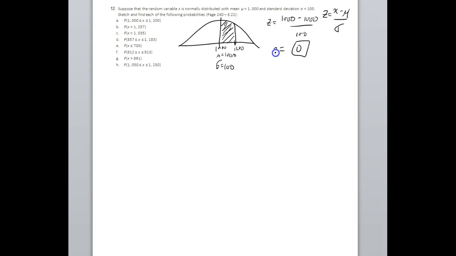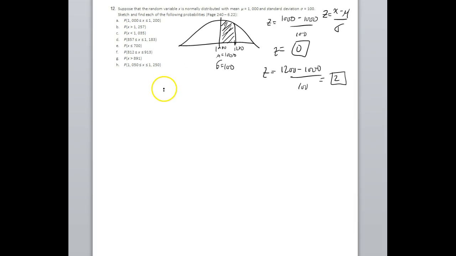That's the z-value of that. And then for 1,200, we say 1,200 minus 1,000 all over 100, and that's 200 over 100, or 2. Okay, so now we have z-value of 0 and z-value of 2.